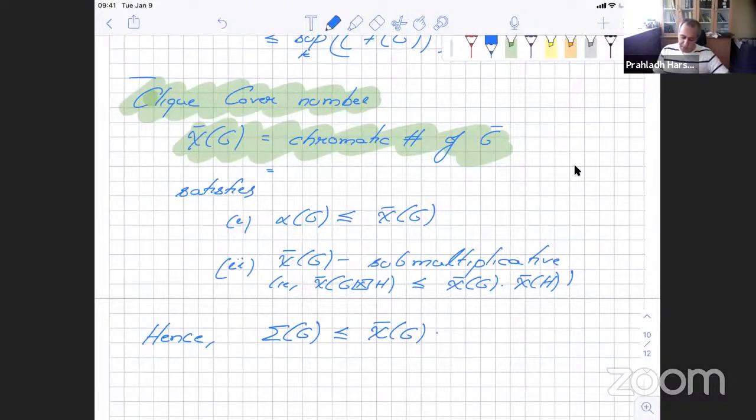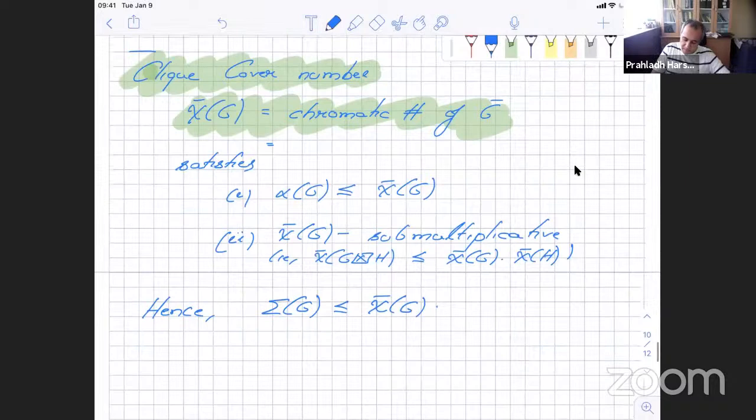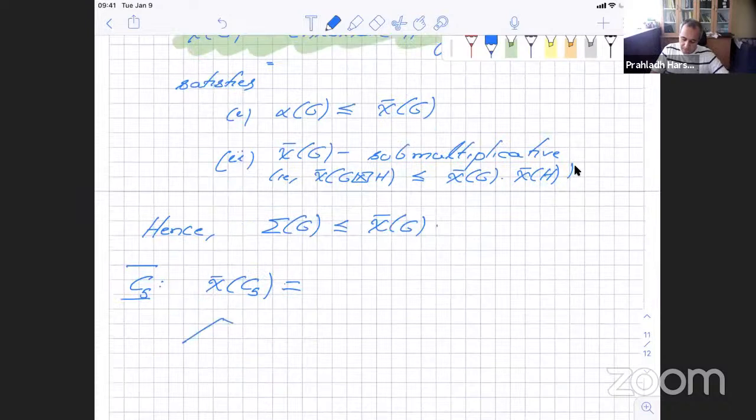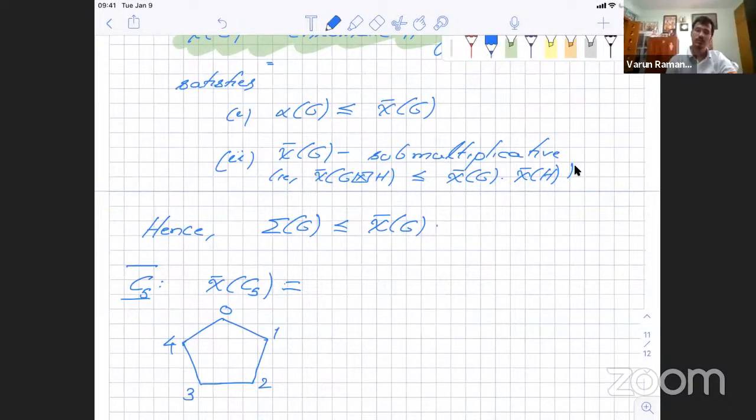Now let's go back to C5. What is the clique cover number of C5? It's the minimum number of cliques into which you can partition the vertices of the graph. So what's the minimum number you can do? Is it 4? How will you do 4?